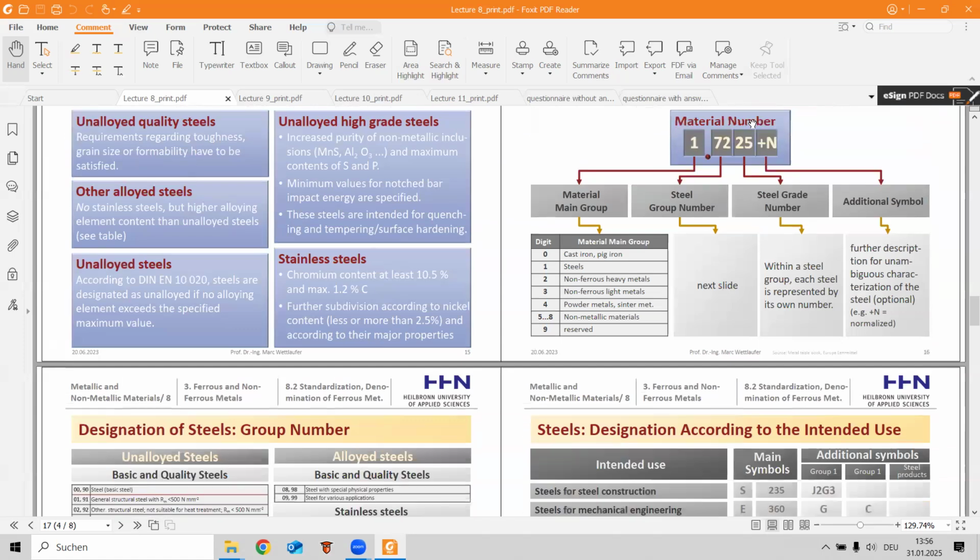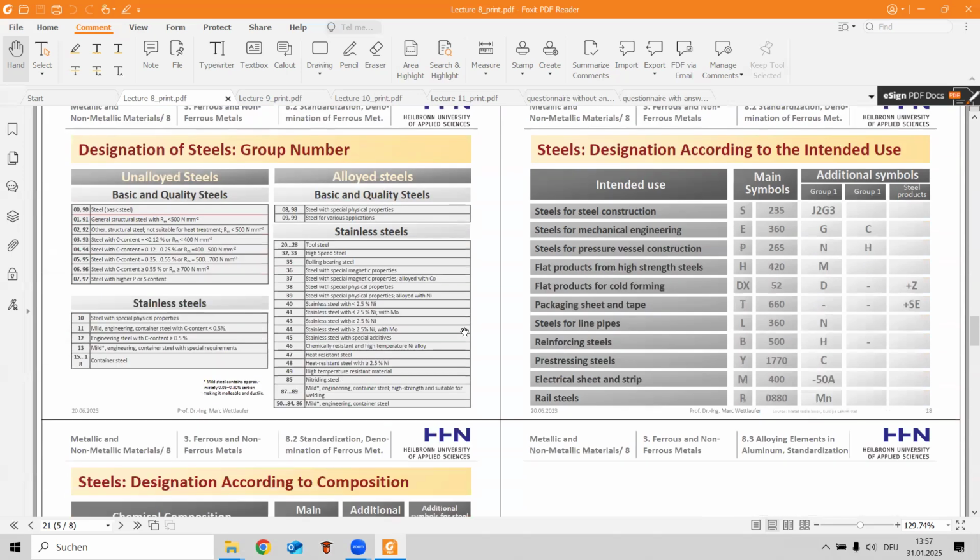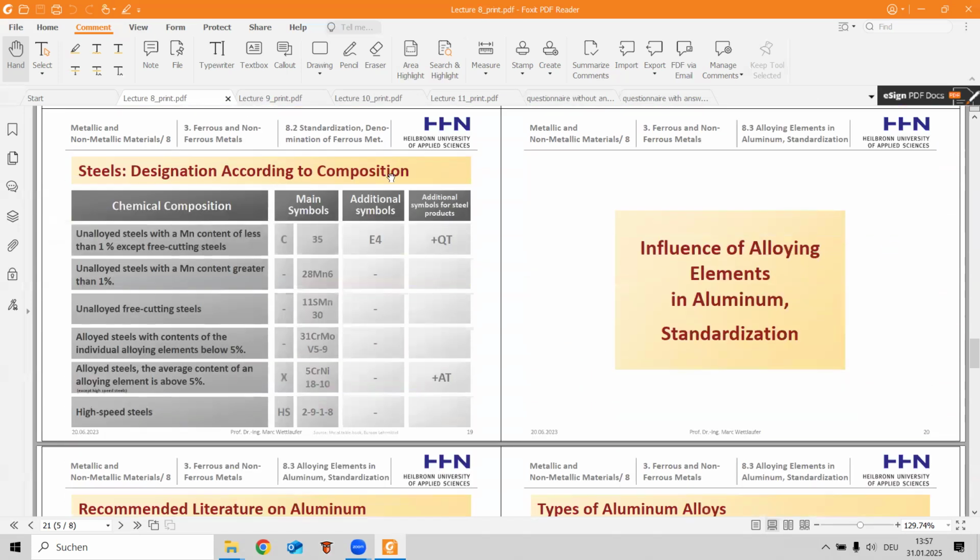Next, 25 is the steel grade number within a steel group, represented by some number, and an additional symbol for further description. Here are group numbers for alloyed steels and other steels.